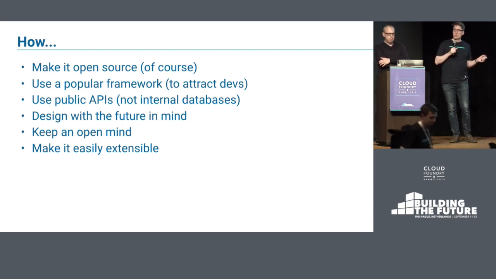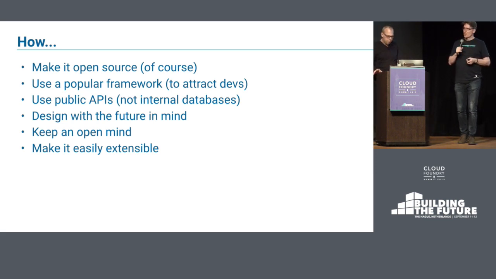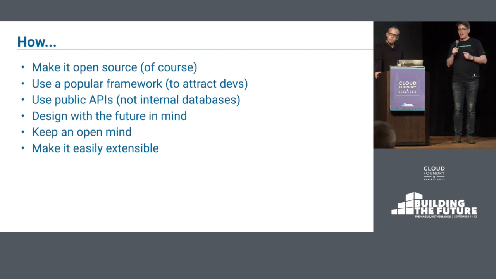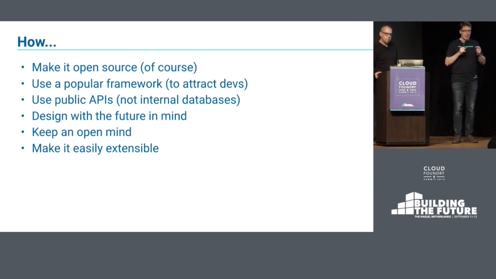Now, the reason we believe this so strongly is that some of us in this room were part of another web UI for Cloud Foundry, which was not open source, which used a framework which was invented specifically for that project, and nobody else but the inventor of that framework knew it. It got right into the internals of Cloud Foundry and the internals of the databases that were being used.